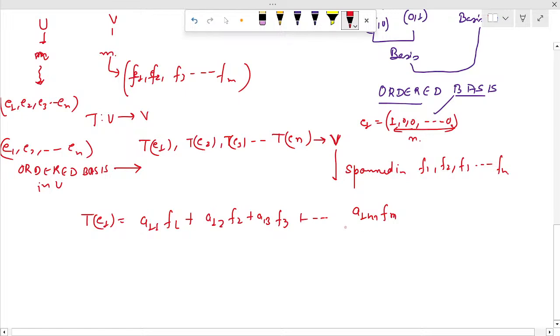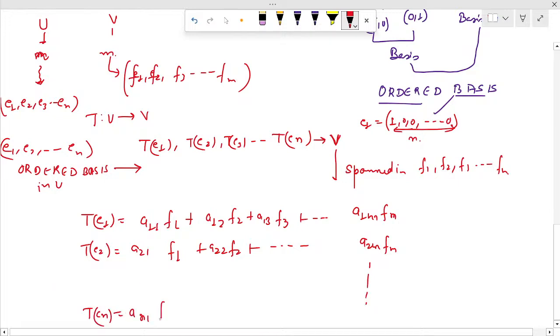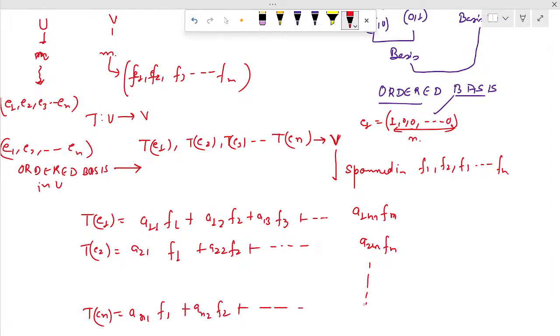Is that clear? Please let me know. And I'll write TE2 is equal to some A21 F1 plus A22 F2 and so on, up to A2m Fm, and then I will write TEn is equal to An1 F1 plus An2 F2 and so on, up to Anm Fm.